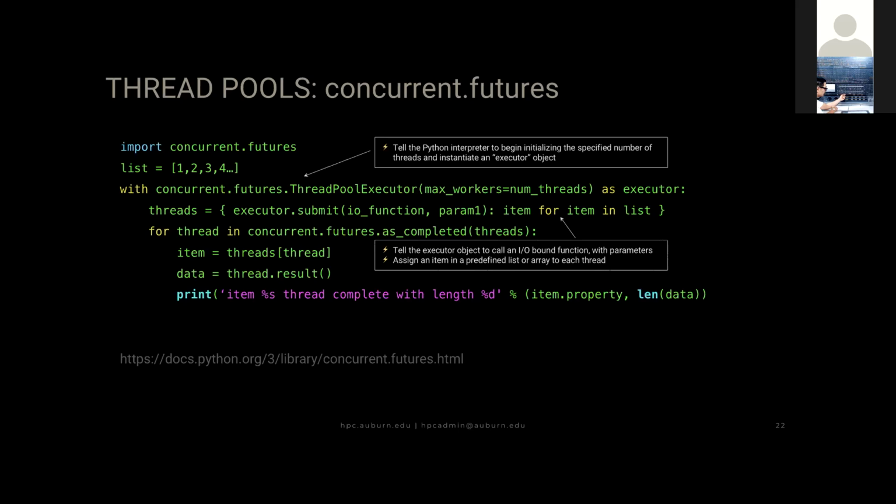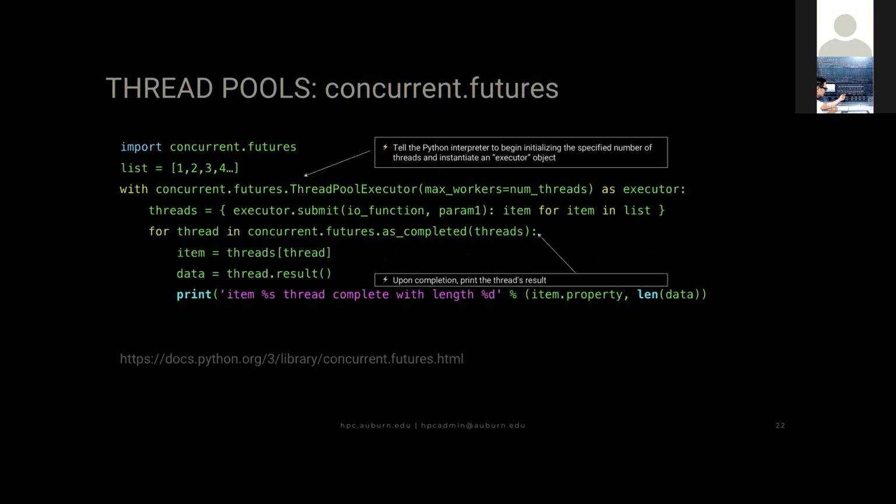In this case, we're telling the executor object to call some IO bound arbitrary function, passing it parameter 1, and then an item in a predefined list. In this case, we just have a real basic array. And we're going to iterate through that list, and as each thread is completed, we can do things with the result from that thread. In this case, we're just printing it, and that's really all that's needed to do threading there.